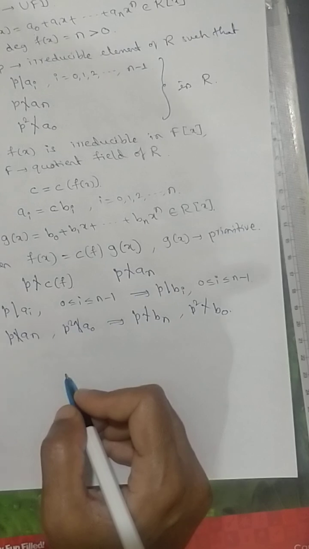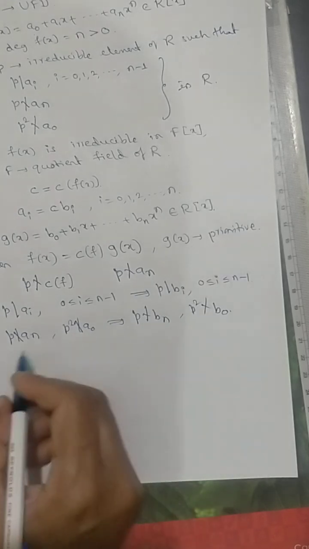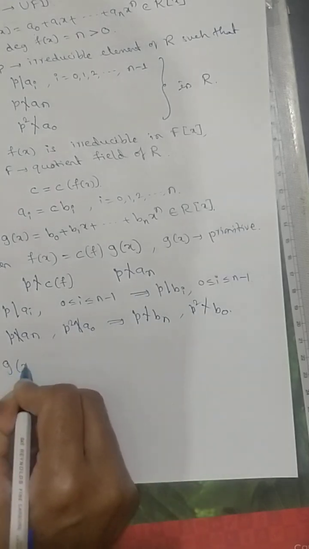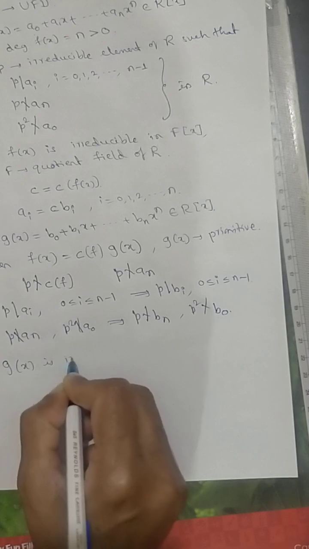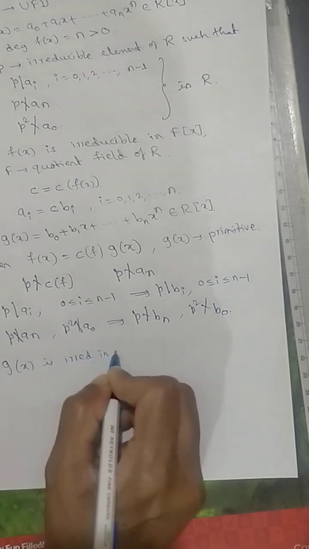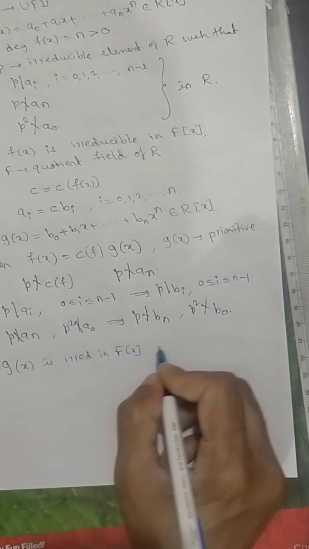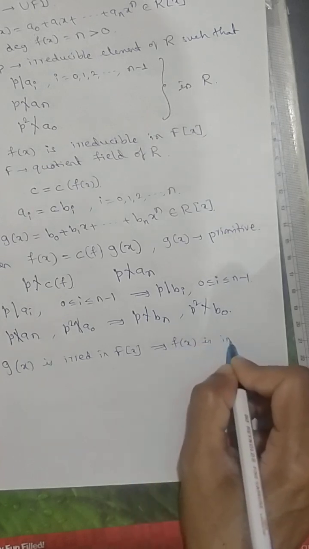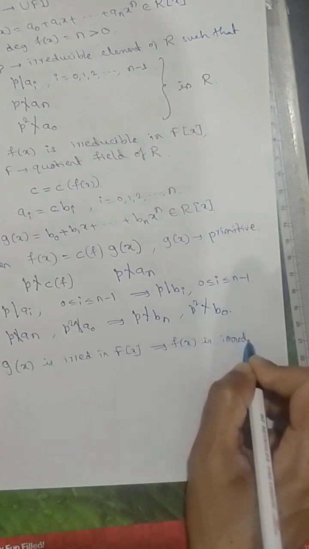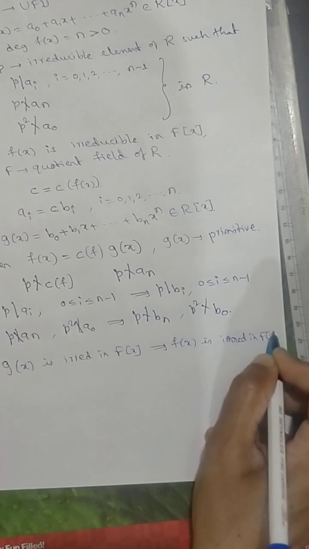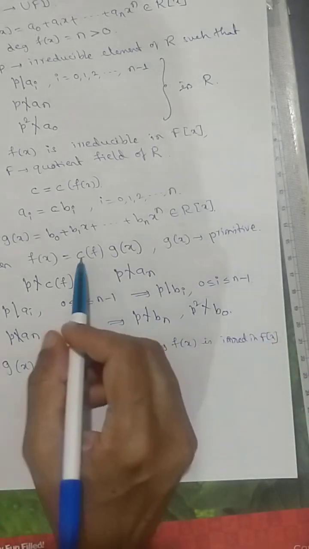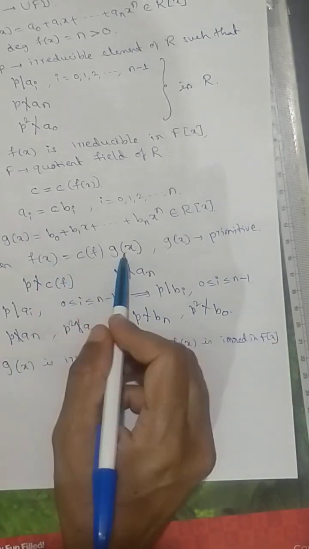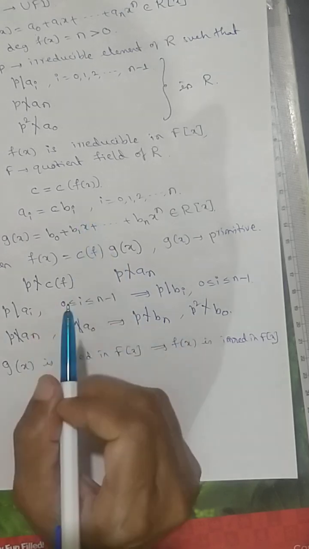So now, if g(x) is irreducible in F[x], then f(x) is also irreducible in F[x]. Now f(x) is an associate of g(x) in F[x], right?